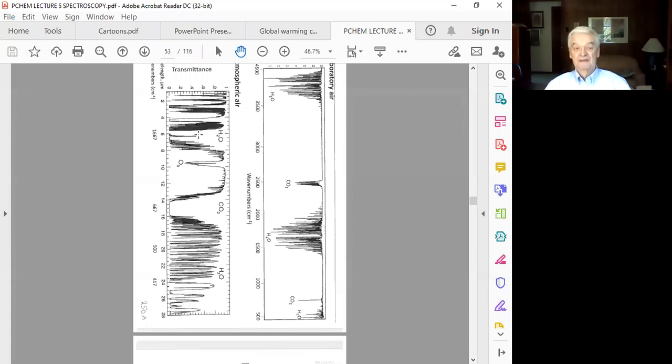When the absorption goes down, it means that for those particular wave numbers, those frequencies, very little light gets through the atmosphere. Instead, it gets absorbed by either water molecules or CO2, or in some cases, a little bit of ozone, as we can see. So you can see a lot of the heat that's trying to go through these molecules gets absorbed.